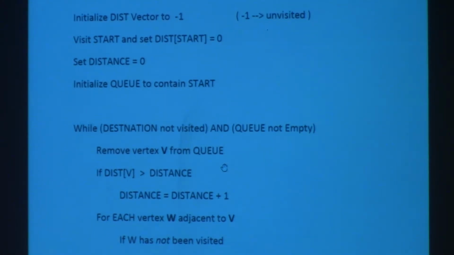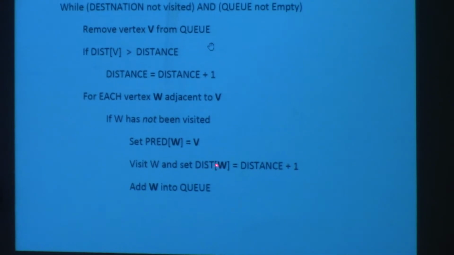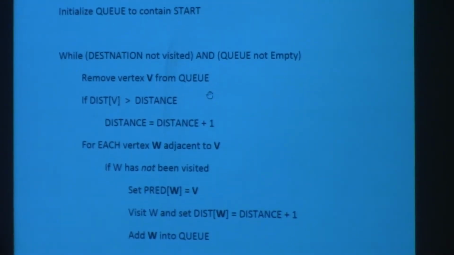I will then add it into the Q. As I go through my neighbors BCD, BCD will go into the Q. Notice the Q is empty right now, but I've just taken the value out, so with these 3 iterations, I loaded it with BCD. I've also set the predecessor of BCD to A, and I also set the distance of BCD to 1.